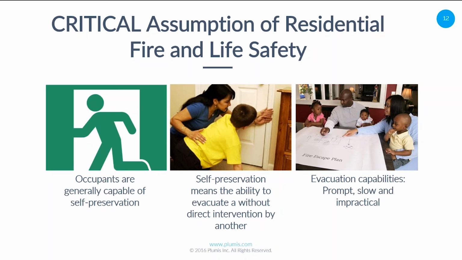When we start to look further into evacuation capability, remembering that in the 1 and 2 family dwelling environment, everybody is assumed essentially to be capable of self-preservation, that means when we look at how evacuation is categorized in a facility designed to provide extra protection for these kinds of folks, they define evacuation in the concept of prompt, slow, or impractical.